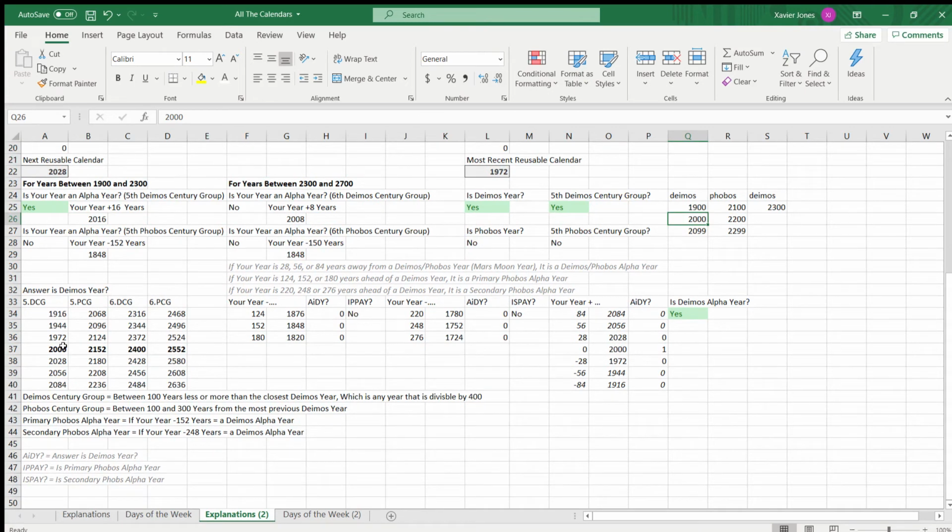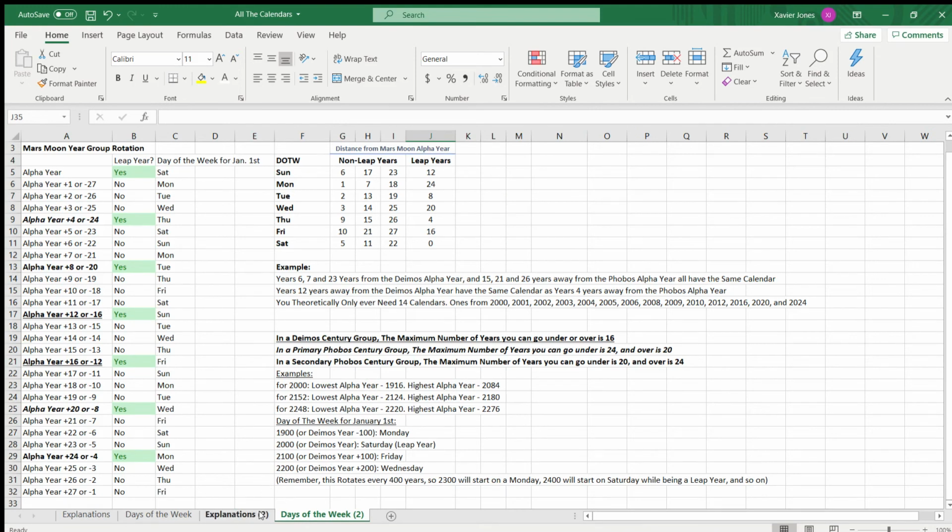I should also get into an alpha year real quick. What is an alpha year? An alpha year is where the cycles start and stop for when you are able to reuse the calendars within our cycles of the days of the week, as you can see here, but I'll get into that in just a moment.